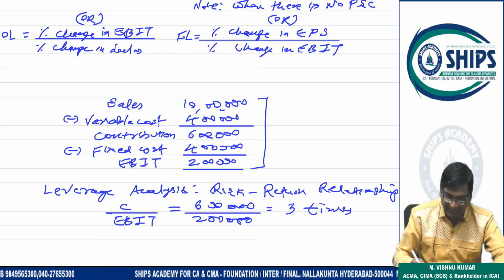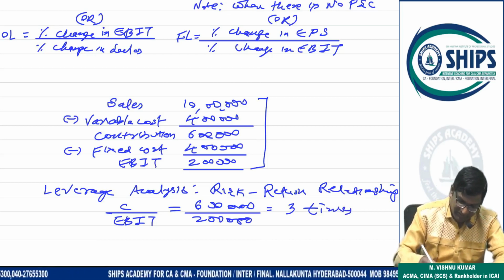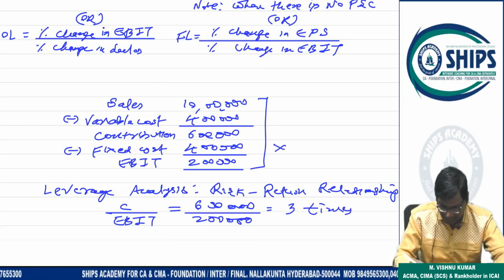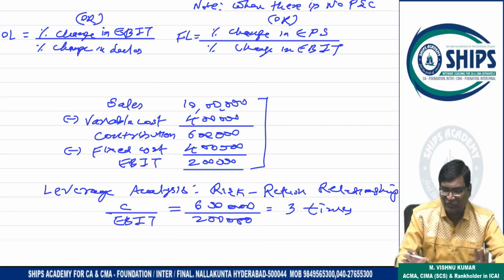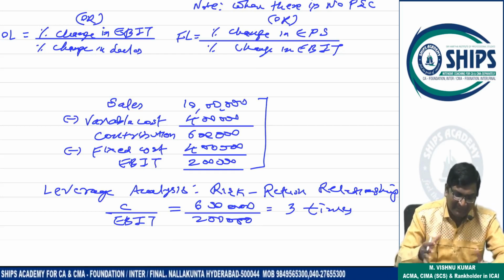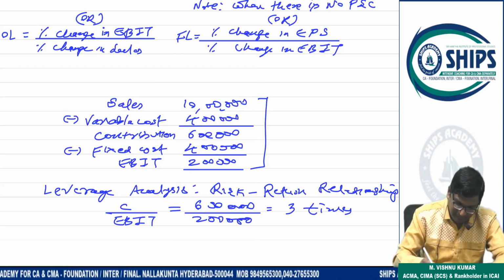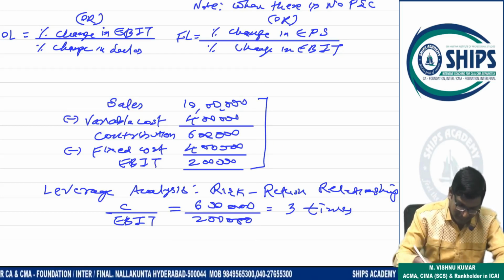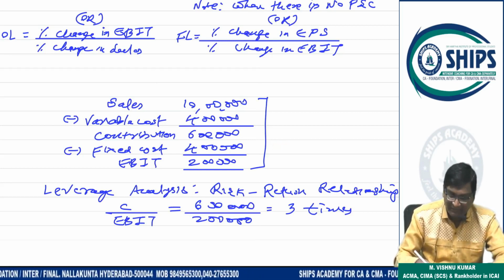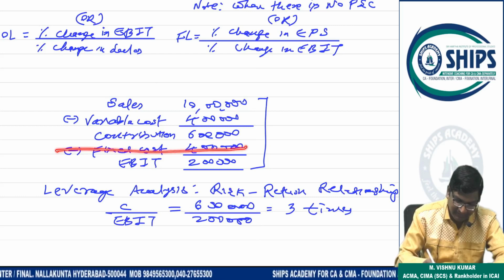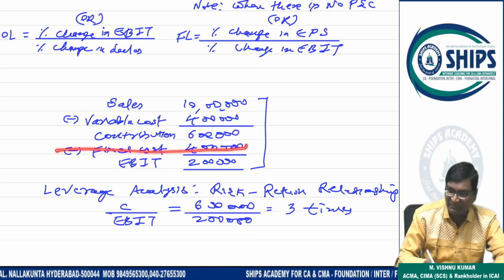Okay. Understand? Suppose if there is no fixed cost, तो कैसे भी रहता है बिजनेस में, कंपल्सरी रहता है ना. Without fixed cost we cannot think of business. For example purpose I am saying, suppose there is no fixed cost. And you are calculating the operating leverage.